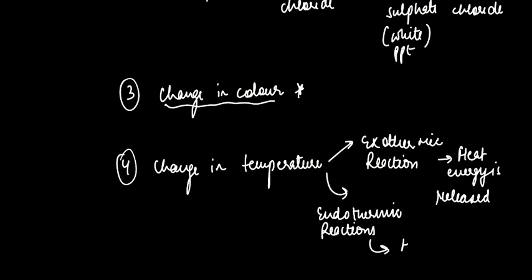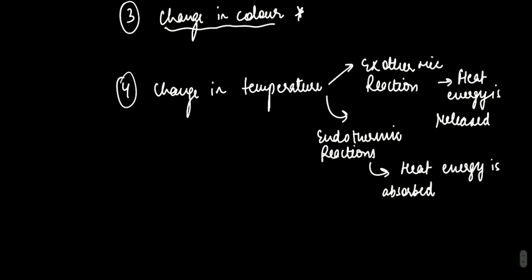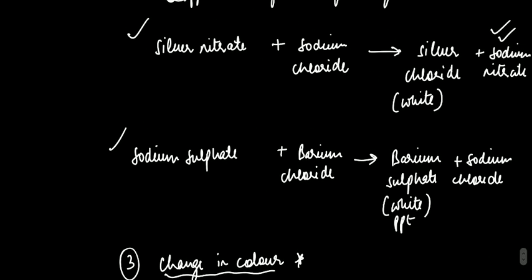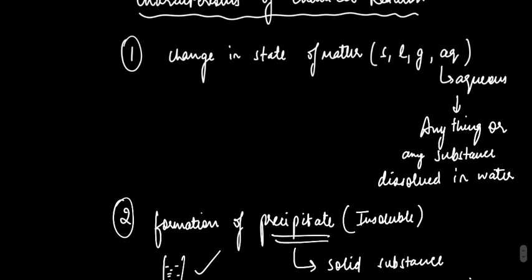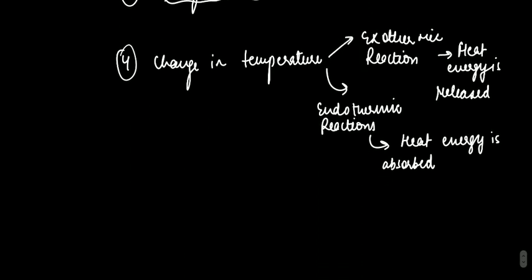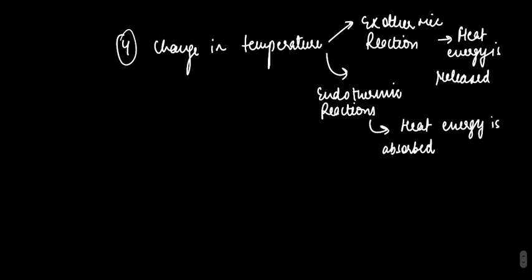So in this, heat energy is absorbed. So formation of precipitate, change in state of matter, change in color, change in temperature. These are all characteristics of chemical reactions that we need to remember.